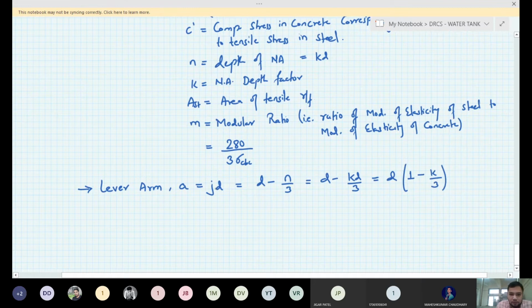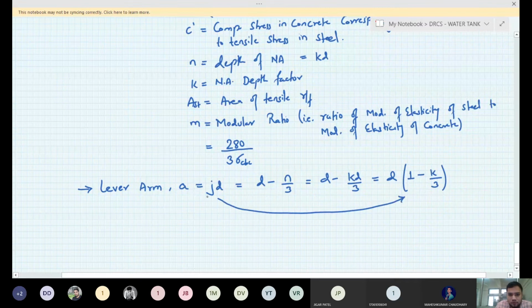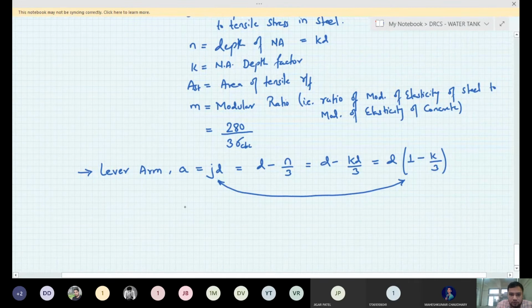Okay. So if we compare this with this, we can write J is equal to, this D gets cancelled, 1 minus K by 3. Okay.